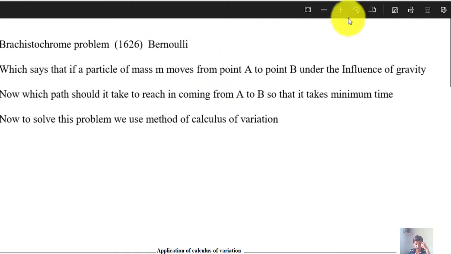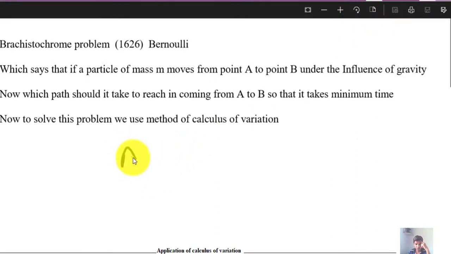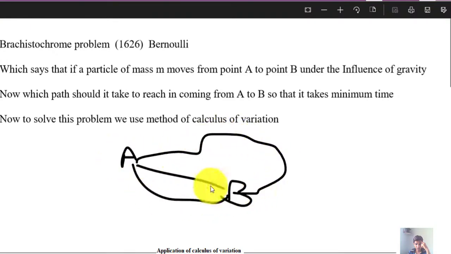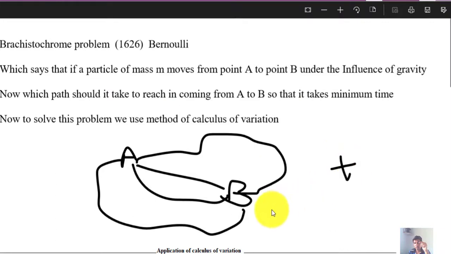Suppose you have two points A and B, and these are the different paths. If a particle of mass m moves from point A to point B under the influence of gravity, which path should it take so that it reaches from A to B in minimum time?